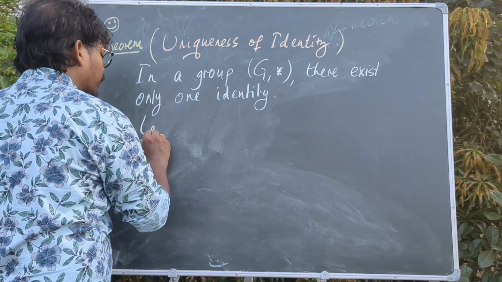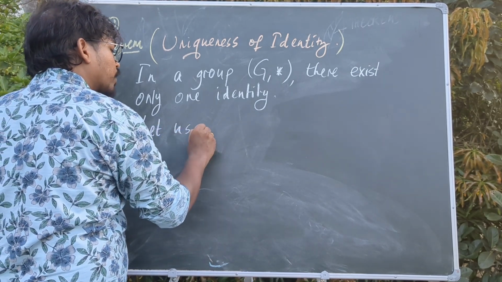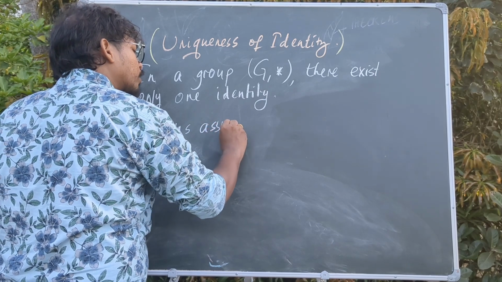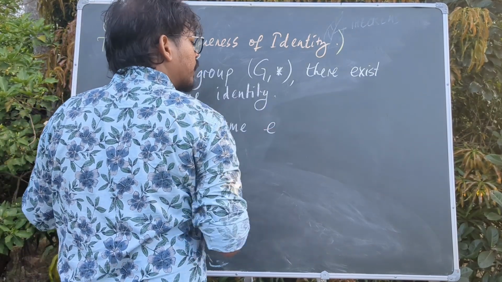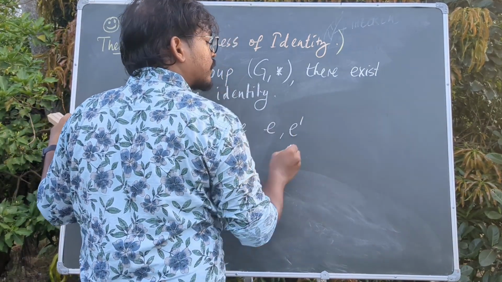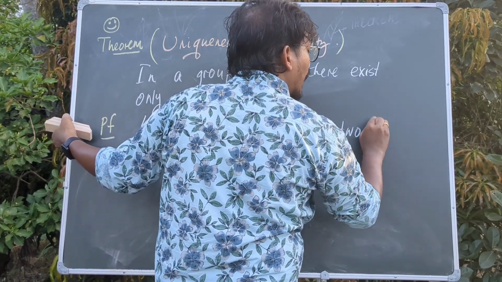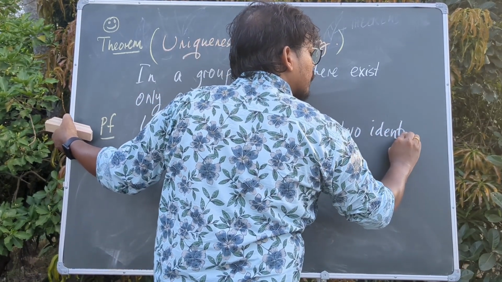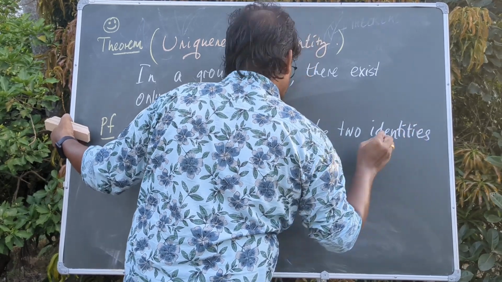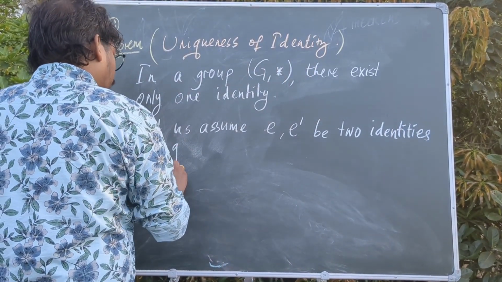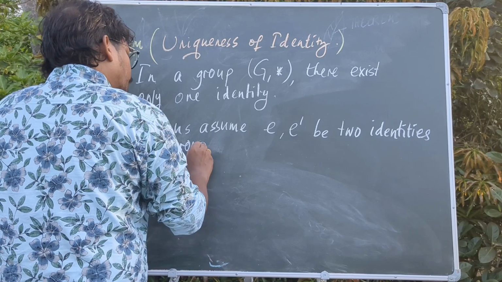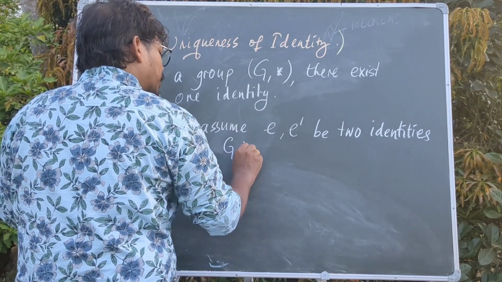Let us assume E and E dash be two identities of group G star.